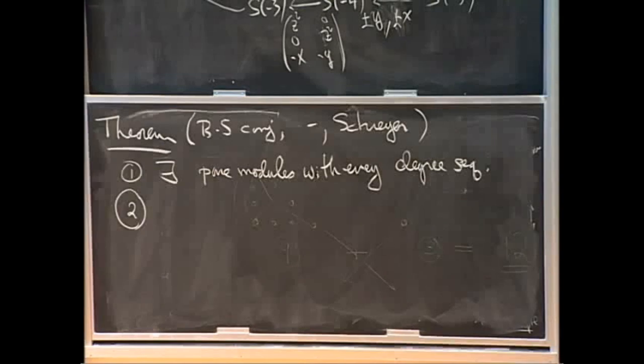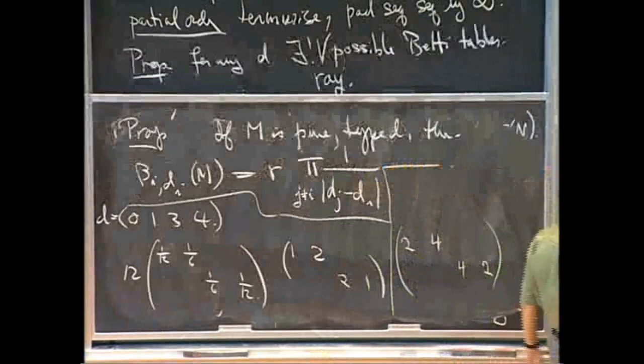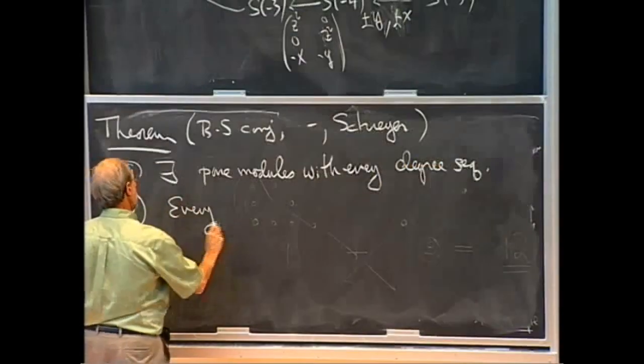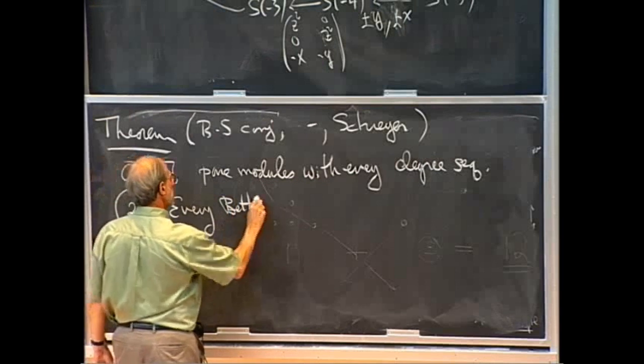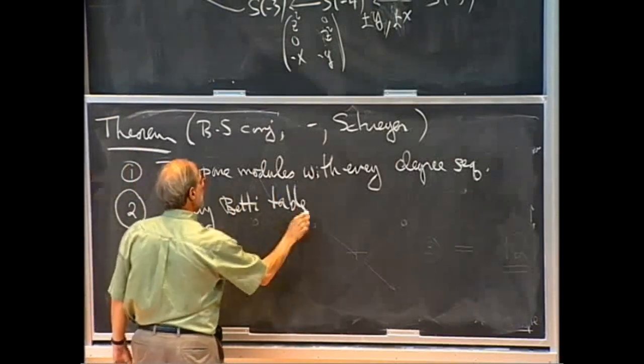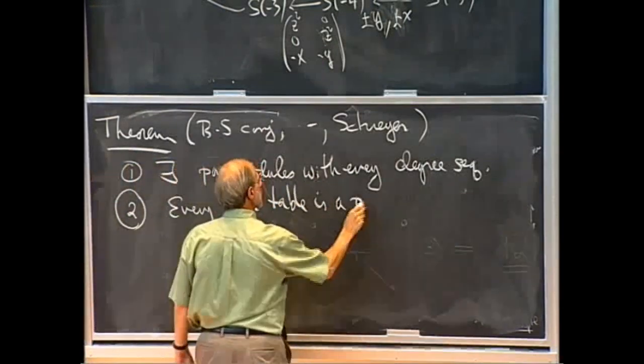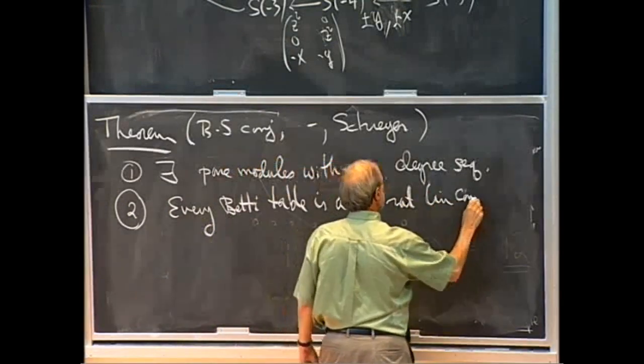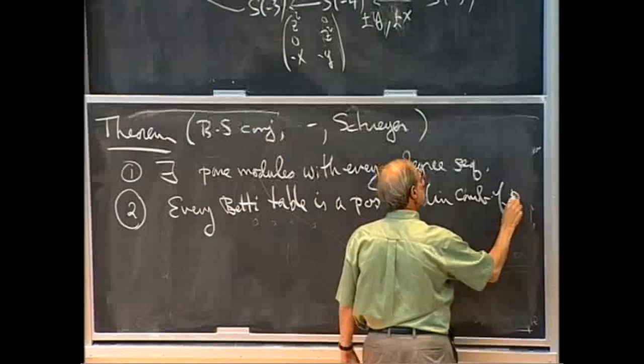This is what they are. That's all. So every module is a rational linear combination. Let me state it as part 2. Every Betti table is a positive rational linear combination of pure ones.